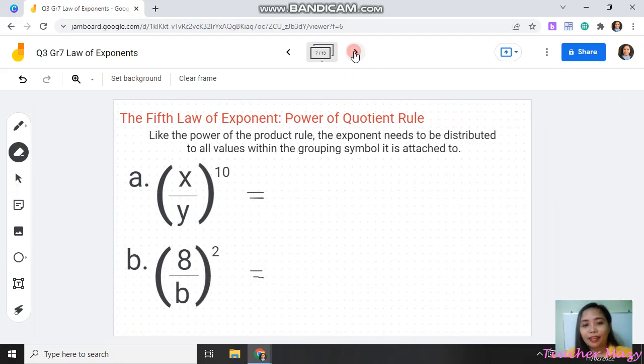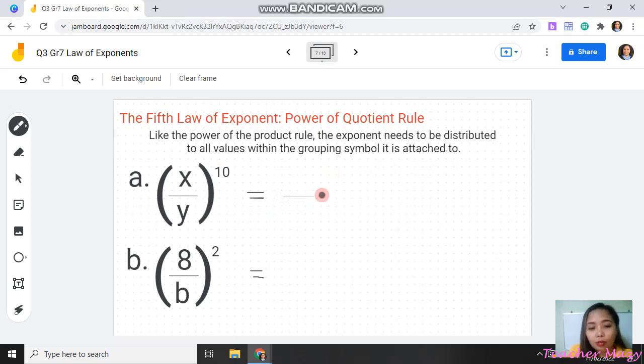Let's proceed right away to the fifth law of exponent. So, the fifth law of exponent is also called the power of quotient rule. Like the power of the product rule, same doon sa kanina, so the exponent needs to be distributed to all values within the grouping symbol it is attached to.